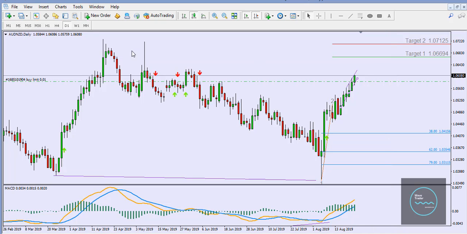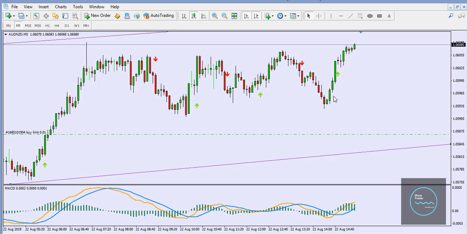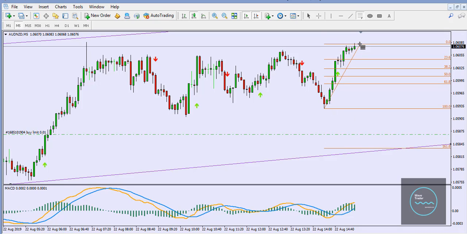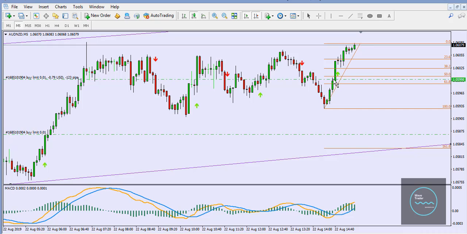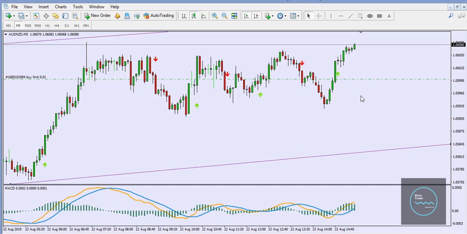That's not bad. What I'm doing right now is just waiting for a retracement. It hasn't begun the retracement per se, but I'll move my order to this level here and wait for it. All we have to do is wait for a retracement and get in and make our pips.